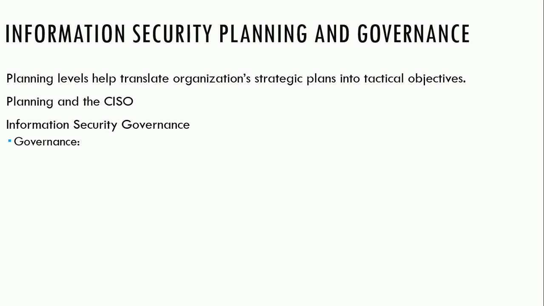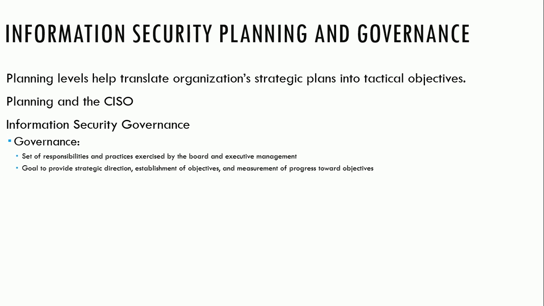We're going to talk here about governance. So, governance is the set of responsibilities and practices exercised by executive management. And the goal is to provide strategic direction, establish objectives, et cetera. A lot of this stuff is from your textbook. But the important thing about governance is there are several goals with governance. Before I talk about these, I could distill governance for you in this way: governance is determined by executive management.